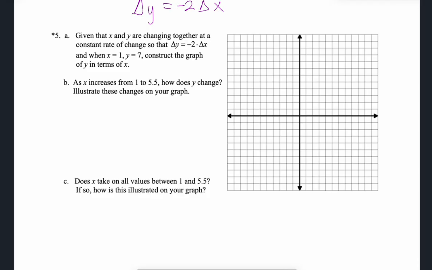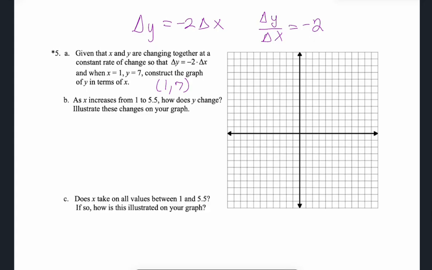Let's know what that slope is. Or you can recognize that if I move the delta x to the other side, I know my slope is -2, okay? And it says this rate of change occurs when x is 1 and y is 7.